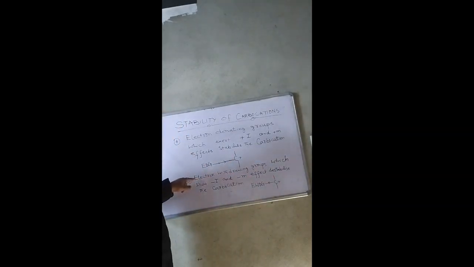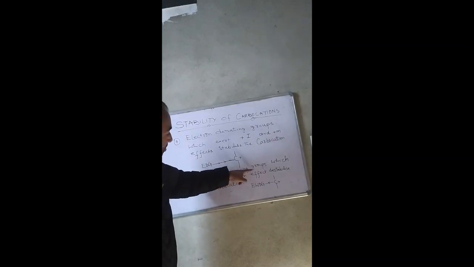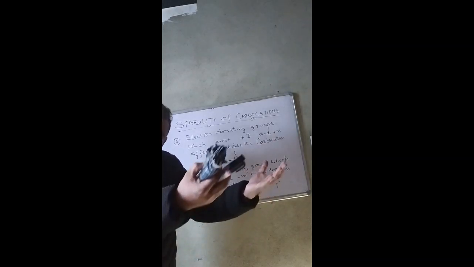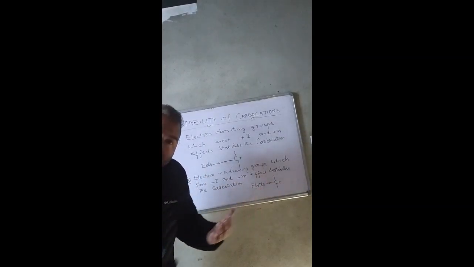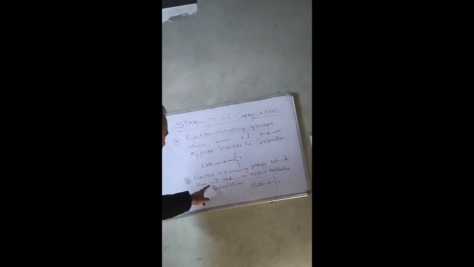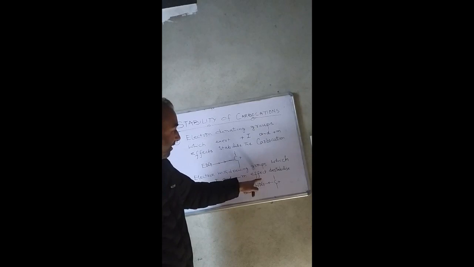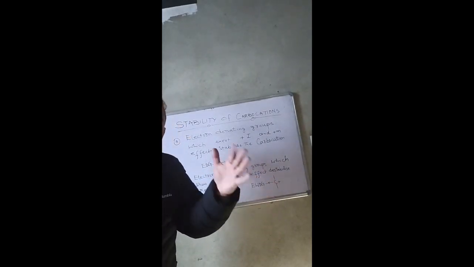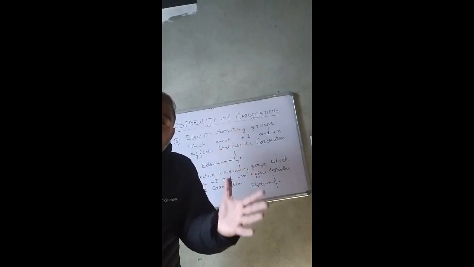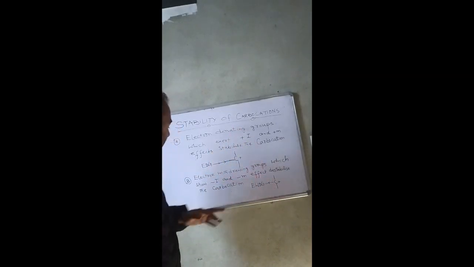Similarly, electron withdrawing groups, those which attract the sigma electron or the pi electron, which show minus I, that means negative inductive effect, and minus M effect, negative mesomeric effect, destabilize. Destabilize means they make carbocation unstable.